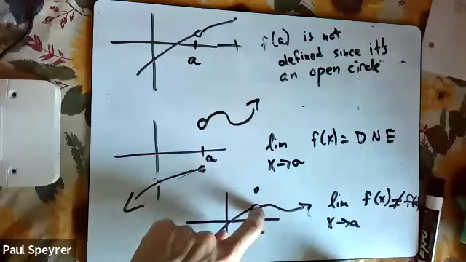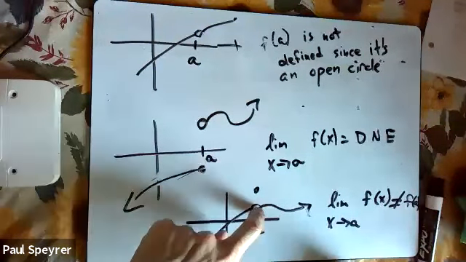Would it fail the third condition? Well, yeah, because again, if it fails either 1 or 2, it's definitely going to fail the third condition. What did the third condition state? The third condition was basically saying, does the limit as x approaches 0 of f of x equal f of 0 in this case?